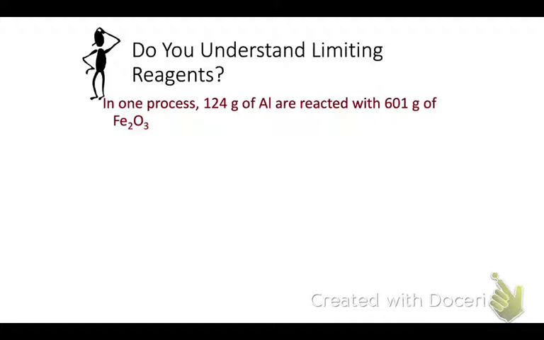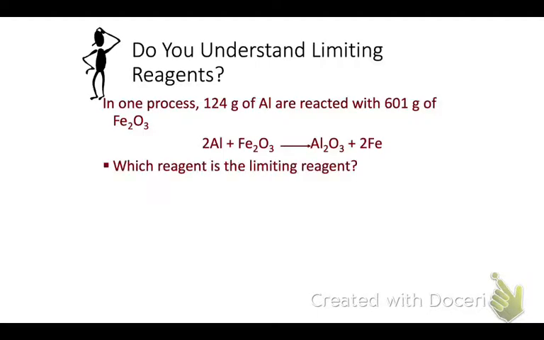In one process, 124 grams of aluminum reacted with 601 grams of iron 3 oxide, according to the following balanced equation. Which reagent is the limiting reagent?